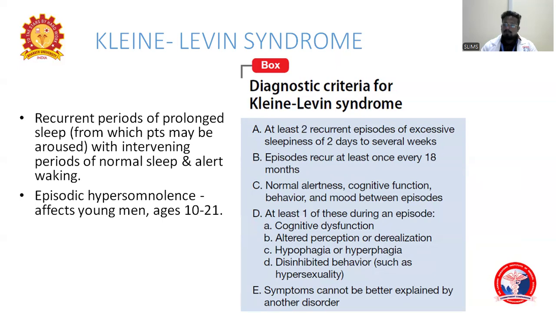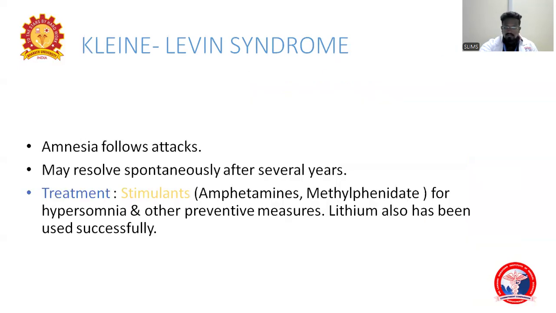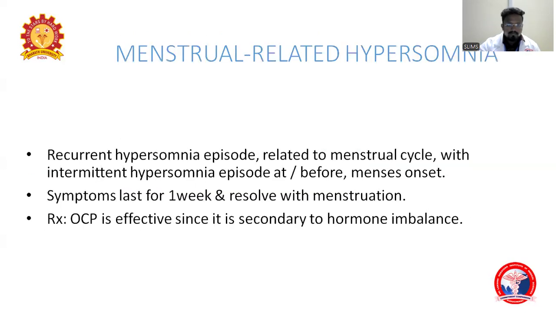Symptoms cannot be better explained by any other condition, and only then can we diagnose this syndrome. Amnesia follows attacks, and it may resolve spontaneously after several years. Treatment is stimulants like amphetamines and methylphenidate for hypersomnia, or other preventive measures like lithium, which may also be used successfully.